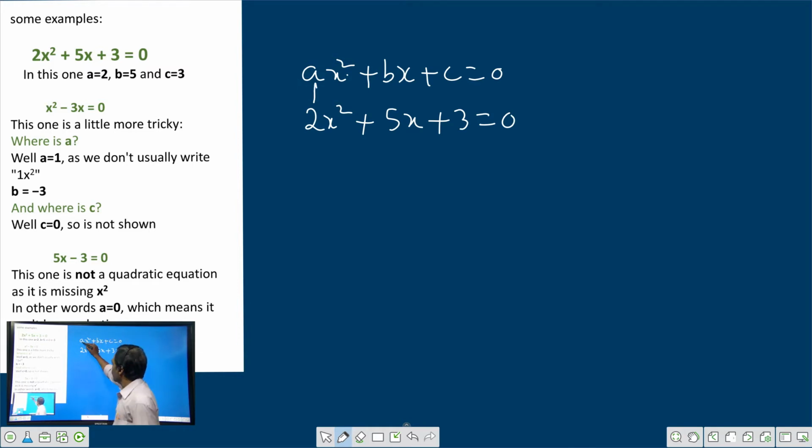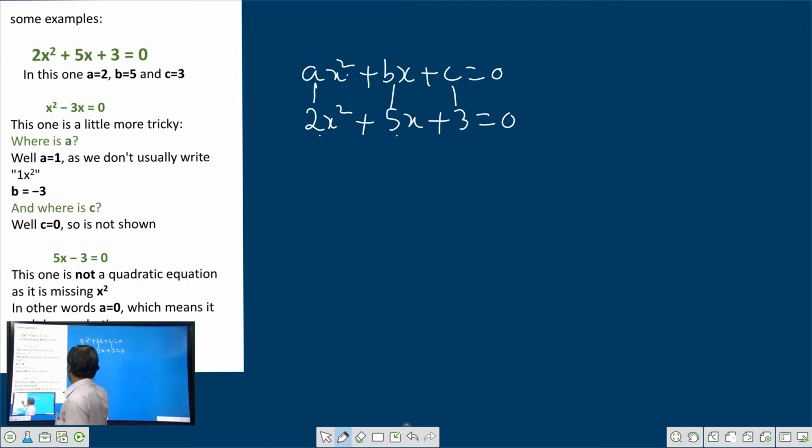If you compare, in the place of a what are we having, in the place of b what are we having, in the place of c what are we having? In the place of a we are having 2, in the place of b we are having 5, in the place of c we are having 3. So comparing this, we get the a value is 2, b value is 5, c value is 3.